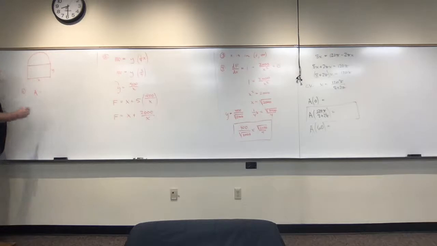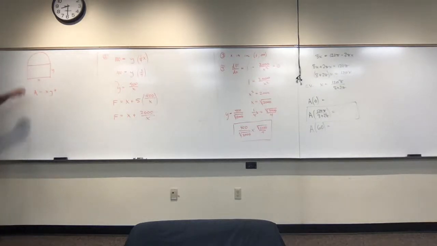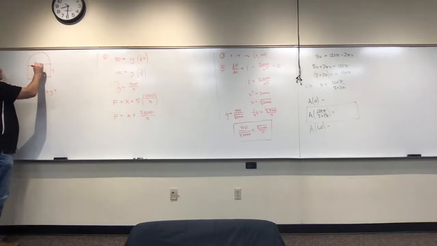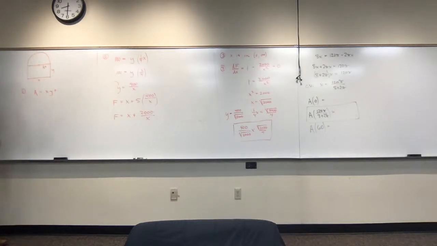Well, obviously the rectangle part is easy. The area of that piece is x times y, right? Then we need to add the area of this semicircle. The semicircle has a radius, and the radius of this semicircle would be half of x. The area of a semicircle would be pi r squared divided by 2, right?